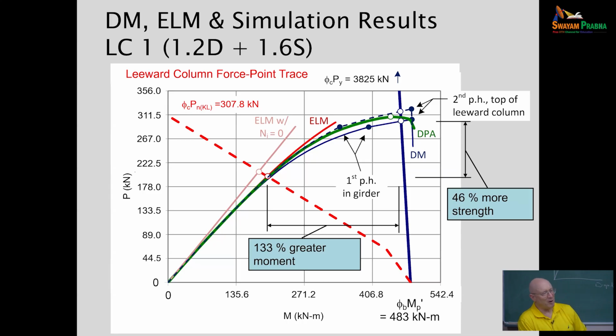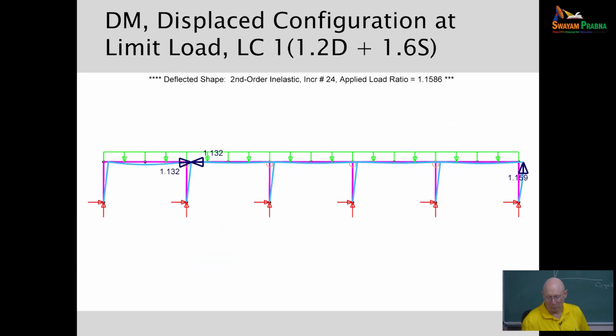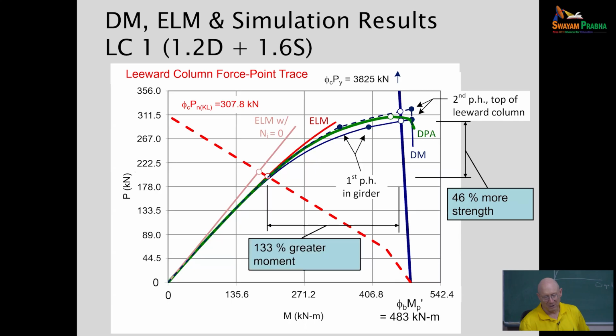All right, you don't get something for nothing. We didn't take it that far because, remember, the load we want to design for was 1.0, and this is taking it to essentially 1.16, so 16% larger load than what we were designing this frame for.